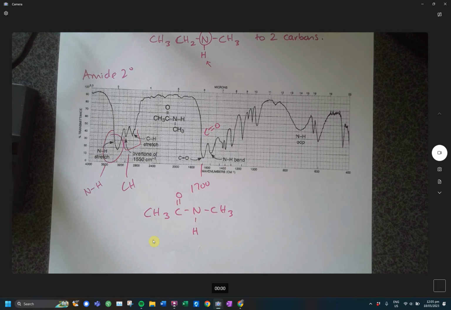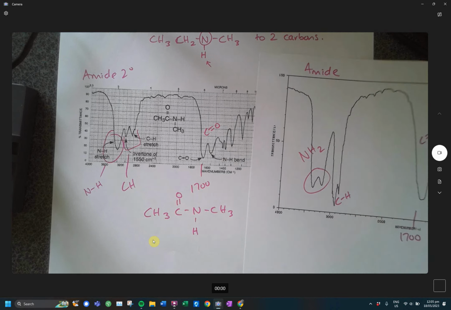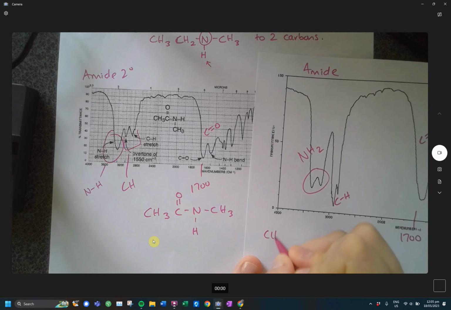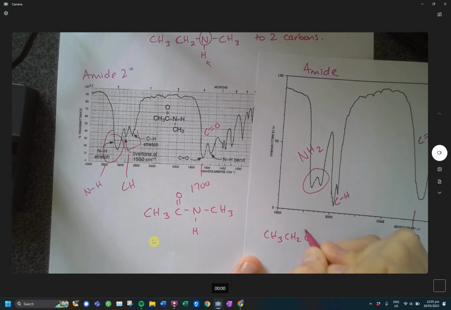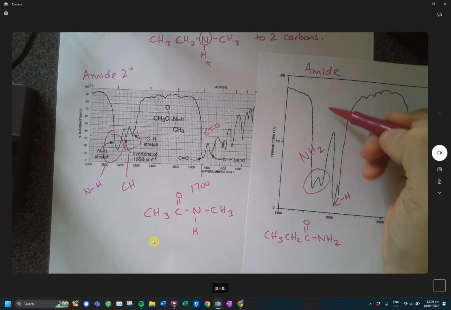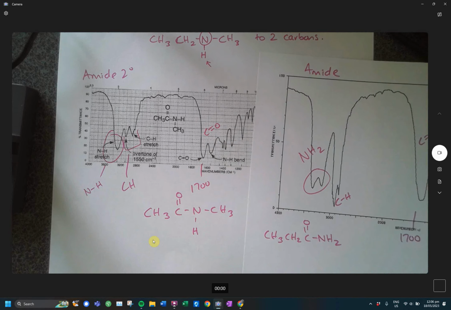Whereas a primary amide, once I find my amide sheet, would look like CH3, CH2, C double bond O, NH2. So that's the difference. The main thing you'll notice if something's an amide versus an amine is how much deeper this trough is.